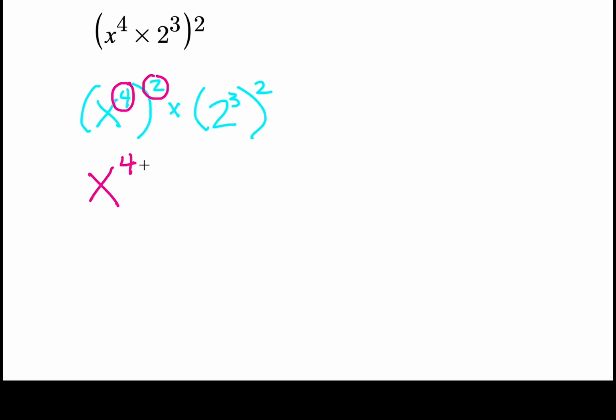X to the power of 4 times 2 times 2 to the power of 3 times 2. Well, 4 times 2 is 8, so that is the exponent of our variable. And 3 times 2 is 6, so that is the exponent for our base of 2.